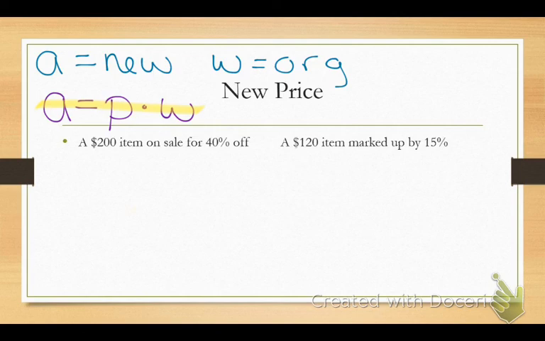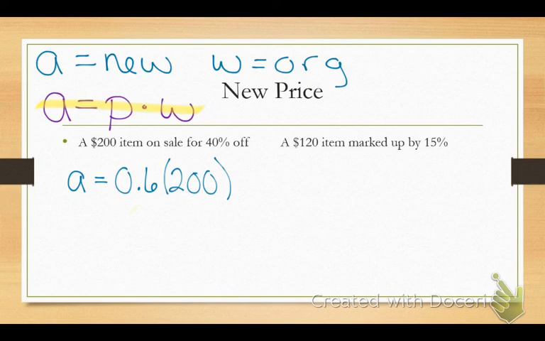If it's 40% off, how much did you pay? 60%. 60%, okay? Remember, I need you plugging in what you're paying into the formula. If it's 40% off, A is the new price, equals what you paid times the original, okay?